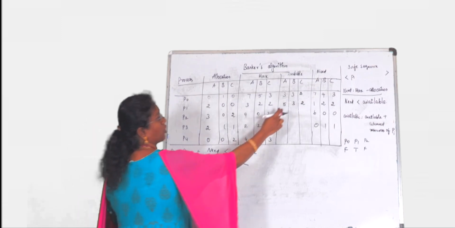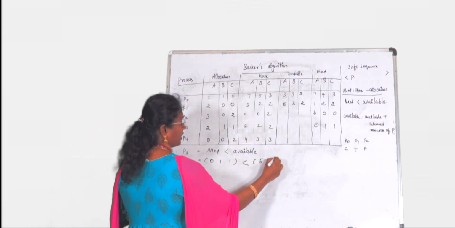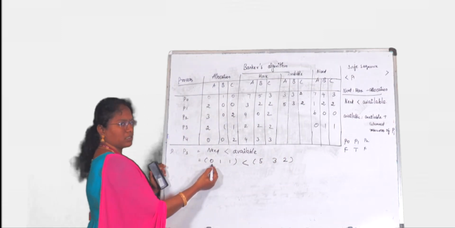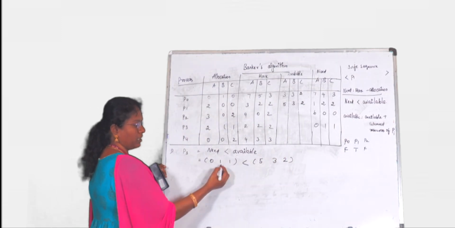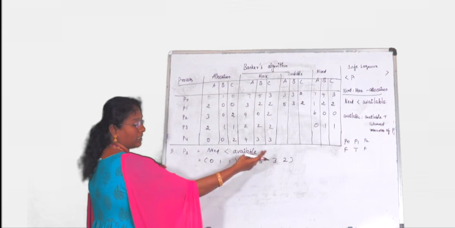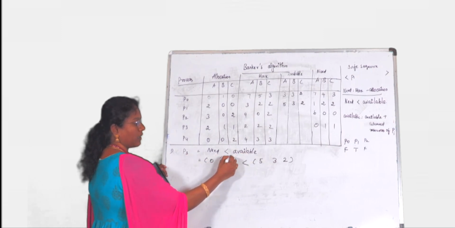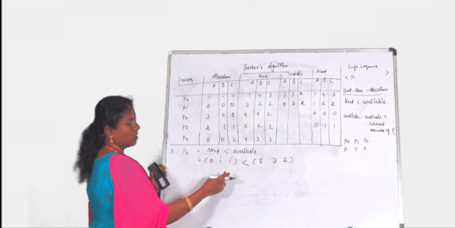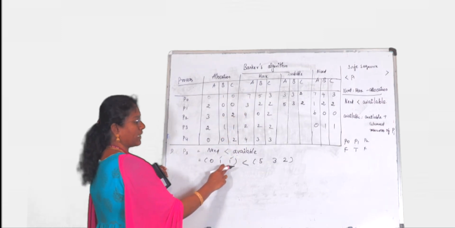What is the newly available? 5, 3, 2. 0 it needs, no problem, 5 is available. 1 it needs, 3 is available, okay. C means A, B, C are the instances of resources. 1 it needs, 2 is available.